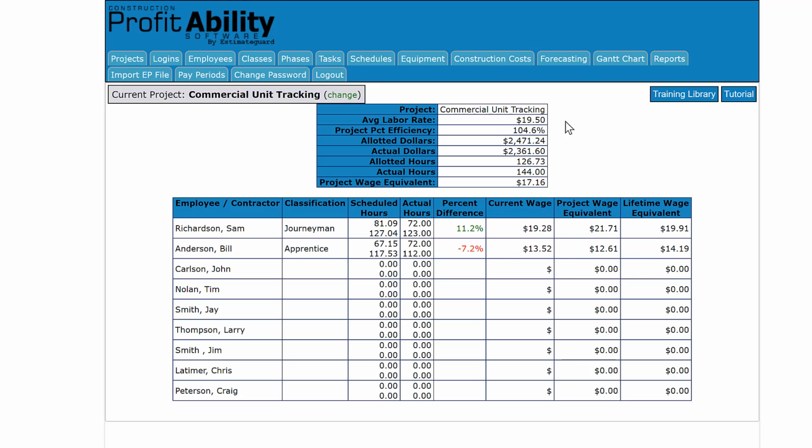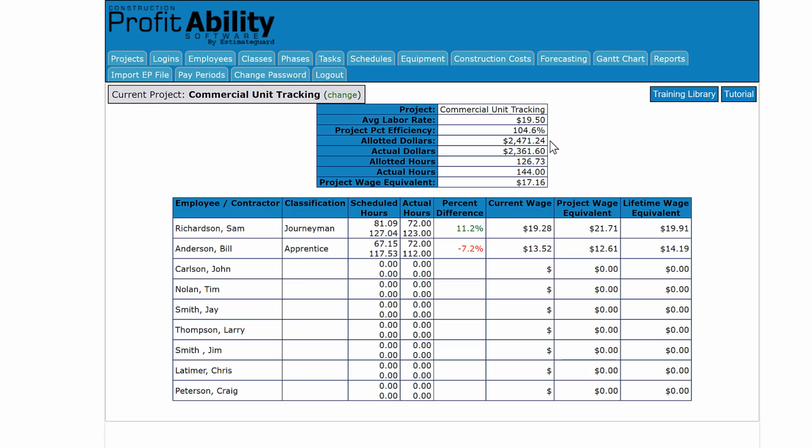If we come up to the top, we can see that the average labor rate on this project is $19.50. On this first task that these two completed, they are earning me 104% of my budget, so they're 4.6% under budget.